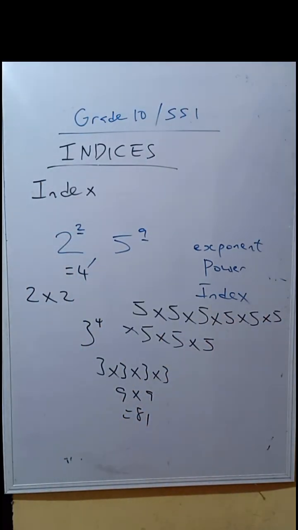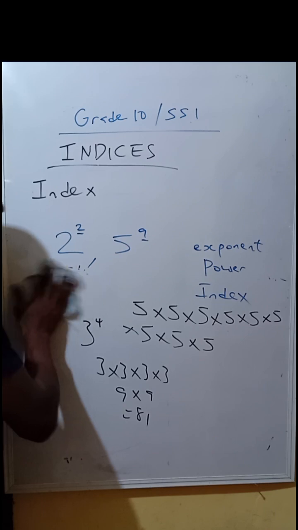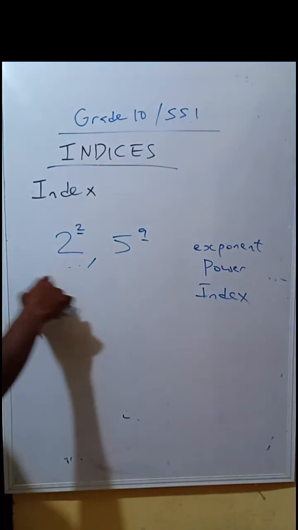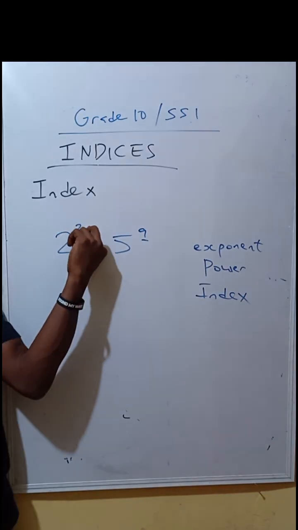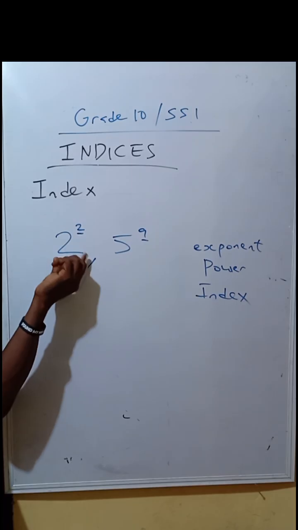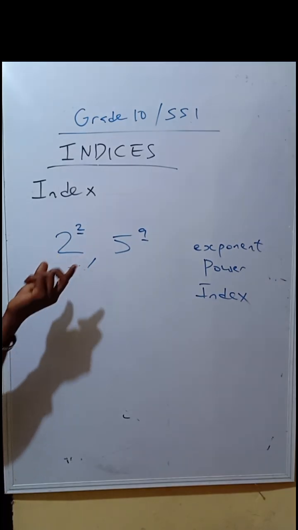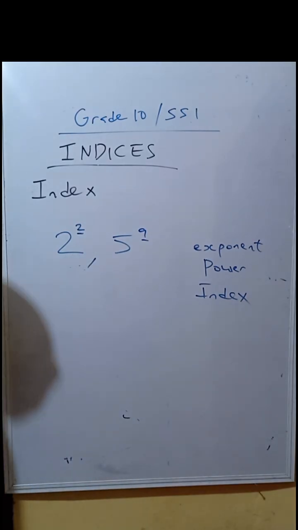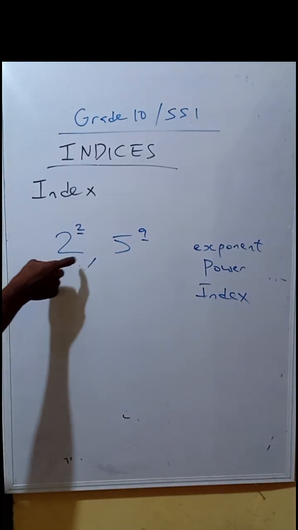So that's it. Don't forget, the smaller number above is the exponent, while the bigger number is the base. Together it is called 2 raised to the power of this, or we say that it's in index form.